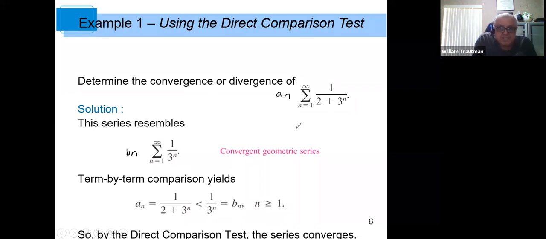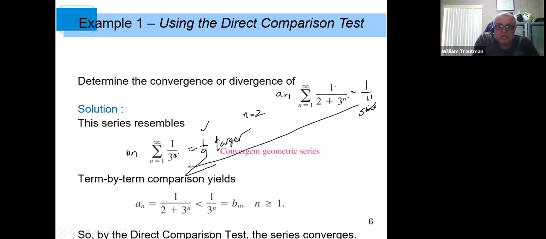And if you plug a number into both of these, let's just say you plug in n equals, something has to be greater than 1, let's say 2. When you plug that in, you get 3 to the second power is 9, 9 plus 2 is 11. If you plug 2 in here, you get 1 over 9. And if you look, this number is larger than this number. This one's smaller if you compare these two numbers.